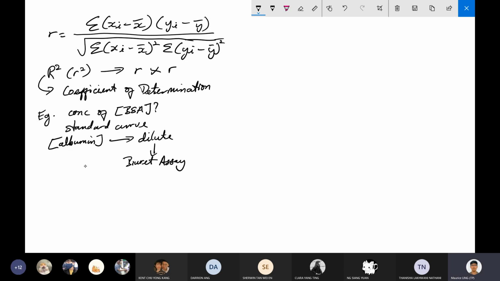Okay. So what you end up with is a table that looks like this: your albumin concentration and your OD280. You have multiple readings.